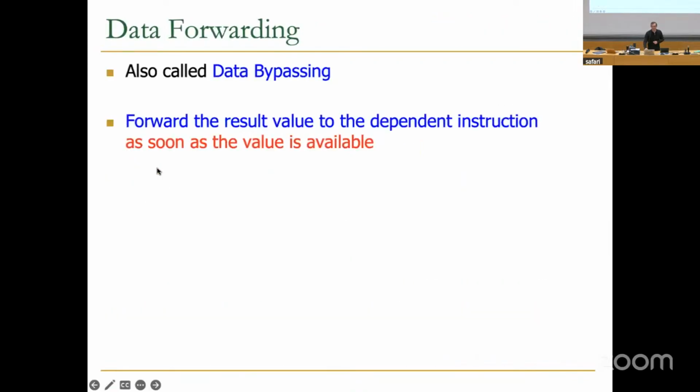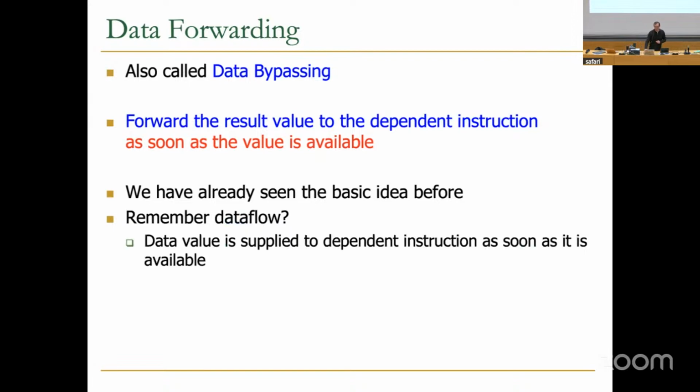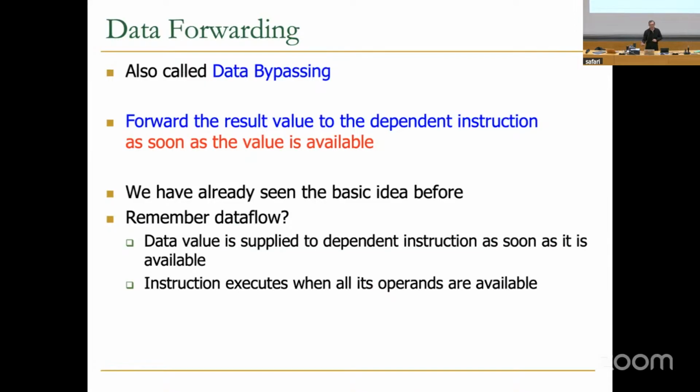Okay, so data forwarding is also called data bypassing. And the idea, again, is to forward the result value to the dependent instruction as soon as the value is available. And actually, we've already seen the basic idea before, not in the same context. Remember, we talked about data flow execution. In data flow, the principle is that a data value is supplied to the dependent instruction as soon as it's available, and an instruction executes when all its data operands are available.